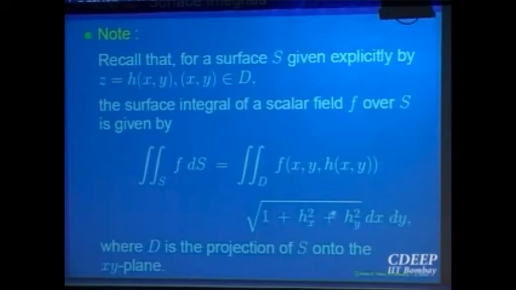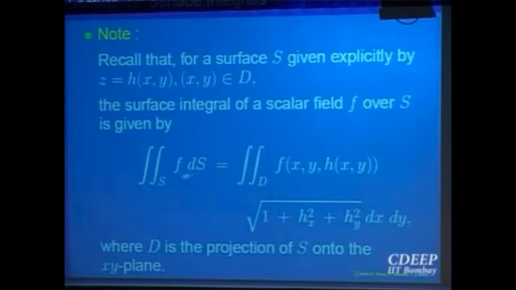Now this expression is valid for every scalar field f which has nice properties, continuous and so on. Now I can replace f by something else. I want to remove this expression on the right hand side. So I can change f to f divided by it; this is for every function f.